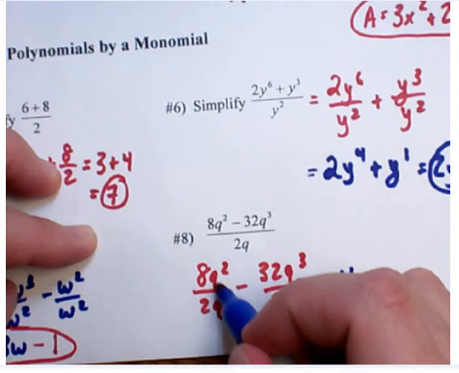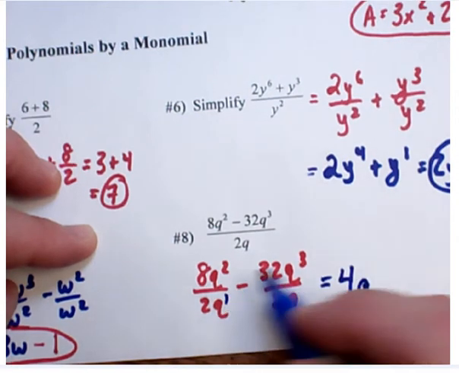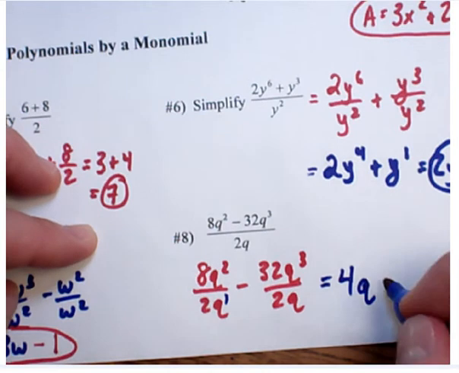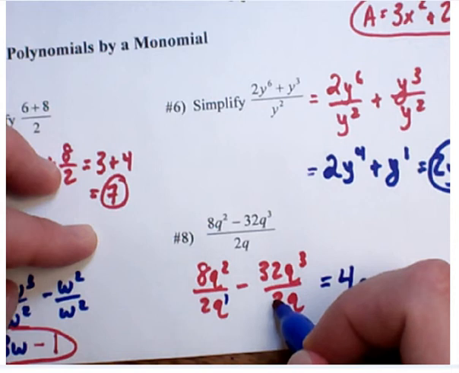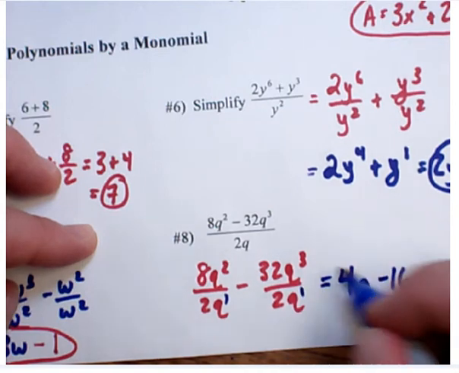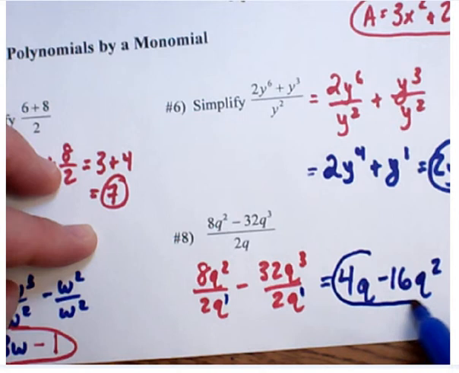Keep the variable when you divide. So q, and then you subtract the exponents, that's q to the 1. I'll just say 4q. And then this is minus 32 divided by 2. That's minus 16. q to the third divided by q to the first. Subtract the exponents, you get q to the second. Those are not like terms. So you're done. That's it.